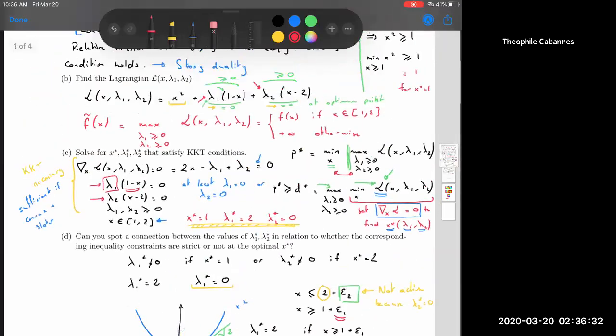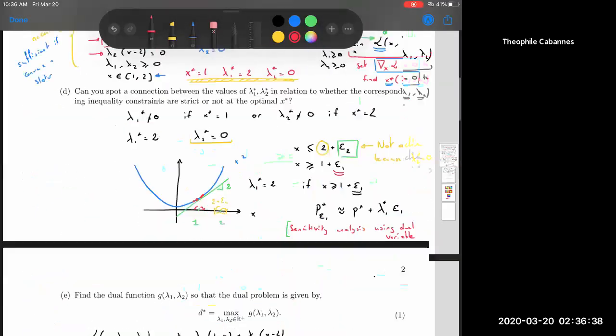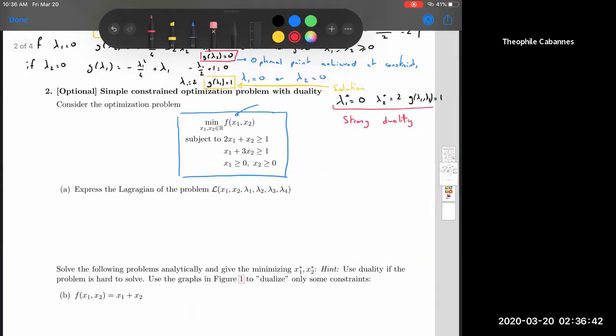Okay, so that's what you should know about exercise 1. And now let's do exercise 2. So exercise 2, we have already kind of solved it using drawings. So you have this set of points, which are the feasible points.